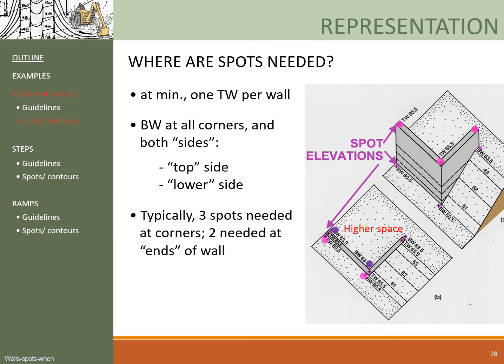So, as a general rule, 3 spots are typically needed at corners and 2 are needed at the end of the wall. Okay, and the key is to distinguish where there is a difference in elevation between the two sides of the wall.